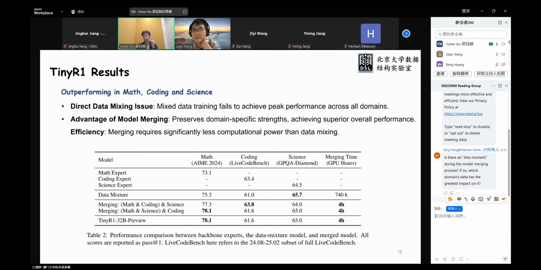I think systems for reinforcement learning architecture will be a trend in the following one or two years because it's really important.